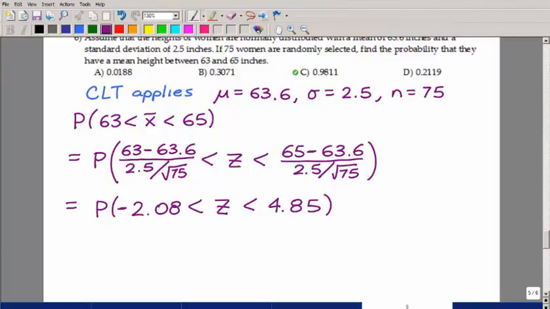Same thing on the smaller end: you could use 0.00001 if it had been negative 4.85, or even 0 wouldn't hurt. Like I said, the answers are not going to be that close together. I'm not going to have answers that are 1/10,000th apart from each other. So this is approximately 1 on the chart.